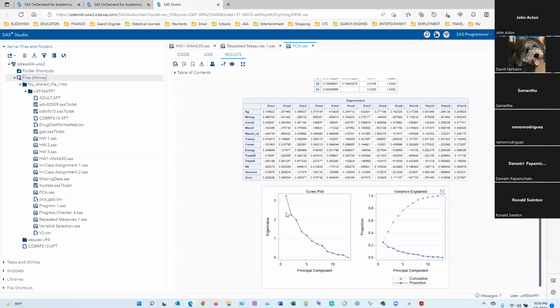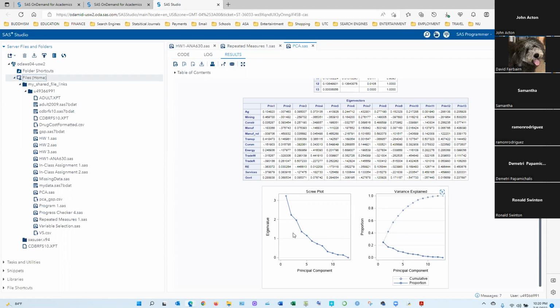What's going to happen is they come down and then at a certain point it levels off. But I don't see that very clearly in this one. They only keep descending here. Sometimes the scree plot is going to level off very clearly. If they level off at a certain point, everything before that leveling off will be kept as our eigenvalues.